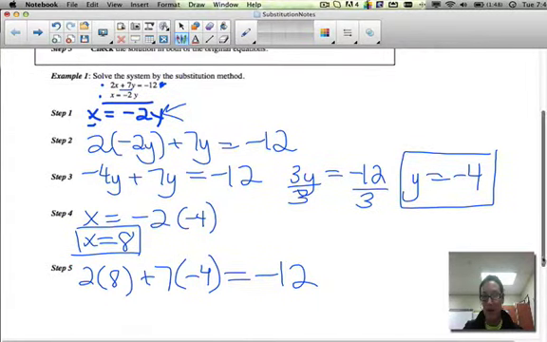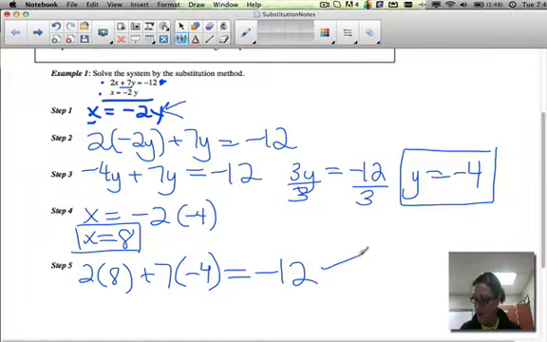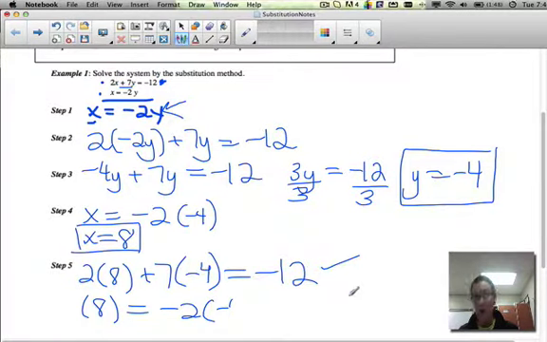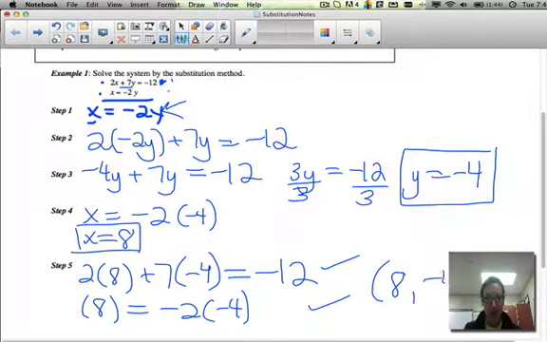And also check to see if it works for the second problem. Plug in 8 for x. 2 times negative 4. Check. Works for my second problem. So our ordered pair, our solution where these two lines intersect is 8, negative 4. So that is my solution.